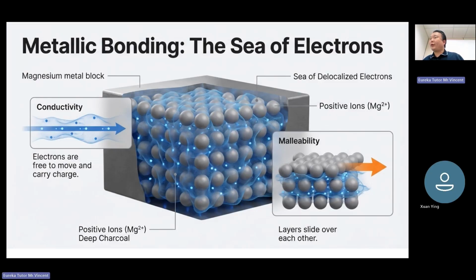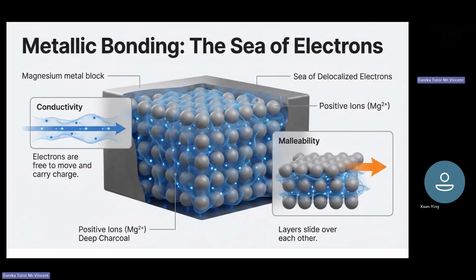So the free electrons explain why metals conduct electricity and heat.